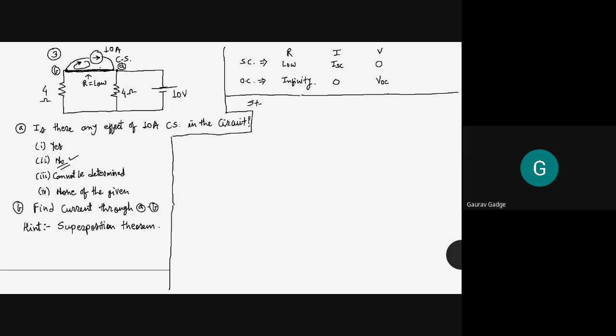I start with step number 1: the 10 volt voltage source is active, and the 10 ampere current source is to be nullified, deactivated. To deactivate this 10 ampere current source, you have to put an open circuit. Please remember, you have to put an open circuit.